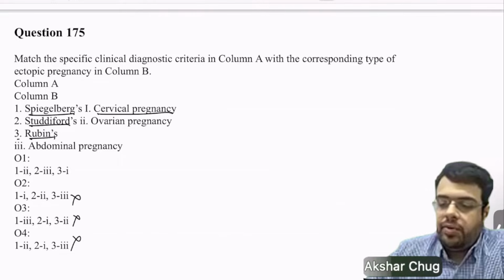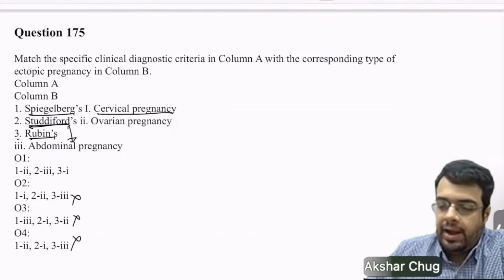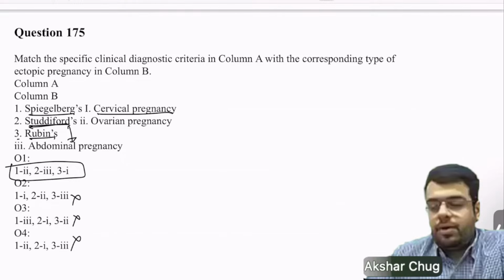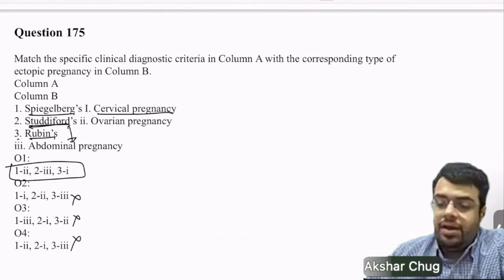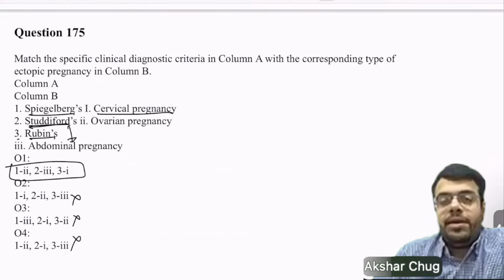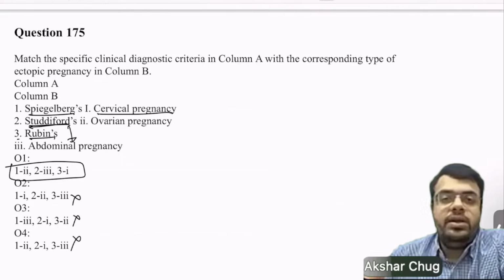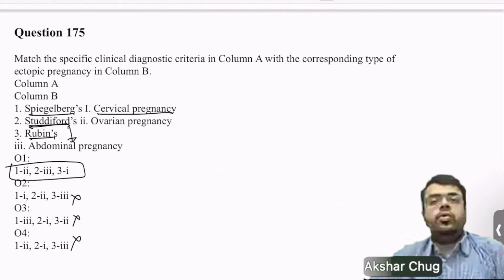Also, Studdiford causes abdominal pregnancy. So 2 is 3. And Spiegelberg is for the ovarian pregnancy. Now, one question I would like to ask is which of these ectopic pregnancies would go till term? Would it be a Studdiford, Rubin, or Spiegelberg?